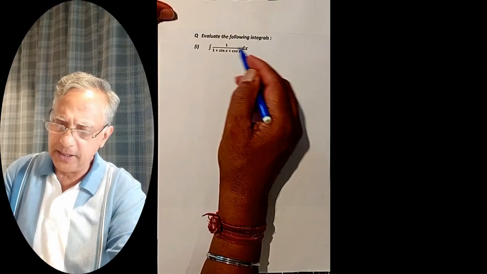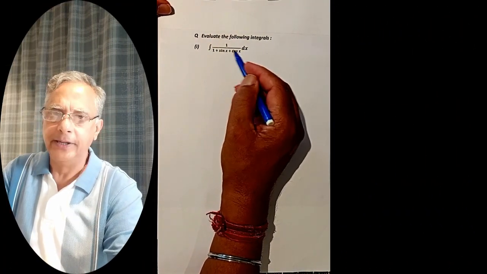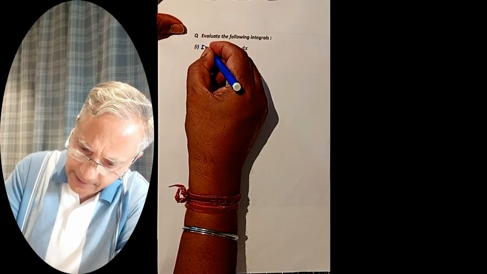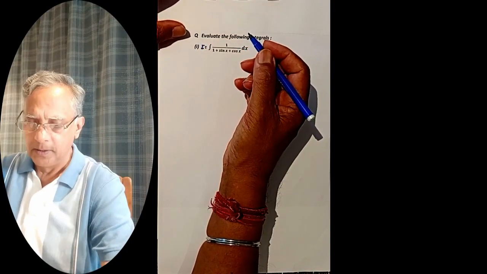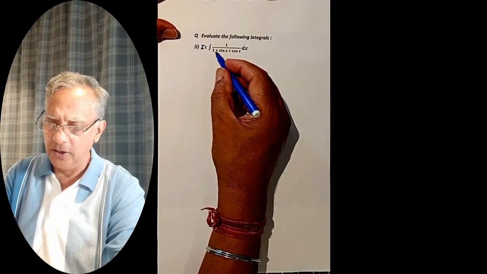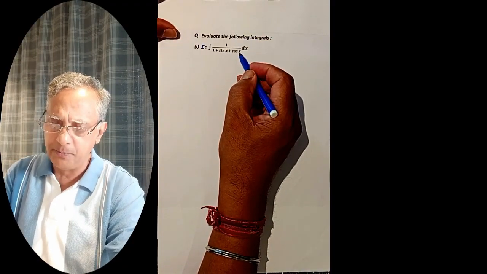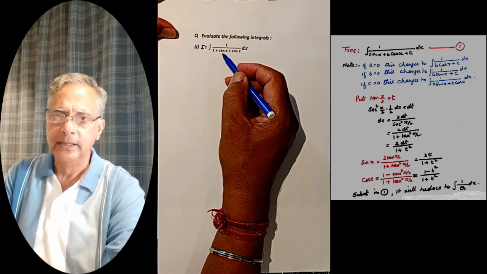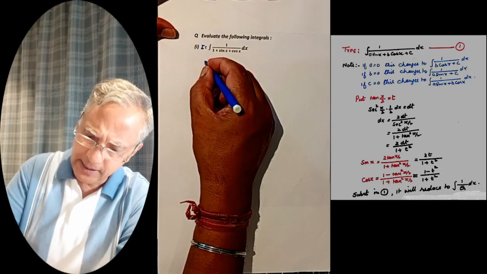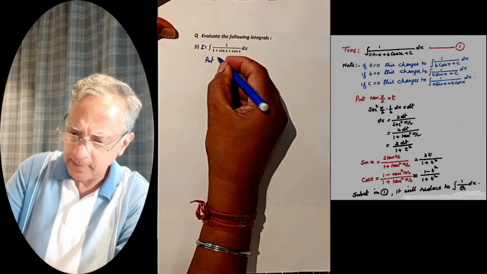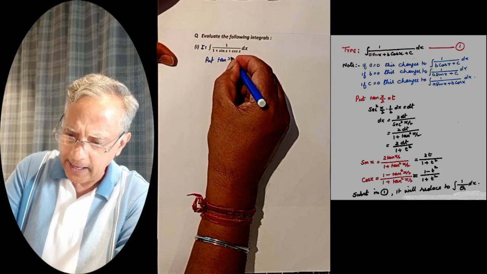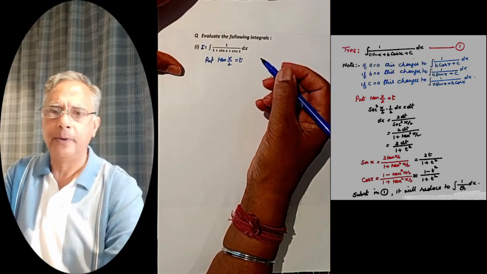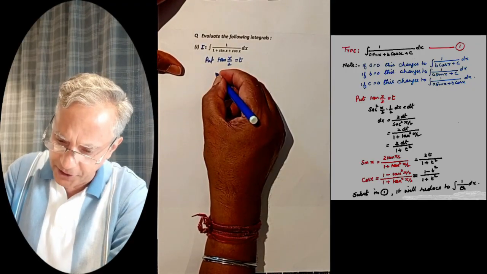Now first question is evaluate the following integrals. First is this. Let this be equal to I. Now this is in the form 1 over a sin x plus b cos x plus c, linear in sine and cos. So what we do is put tangent x by 2 equal to t. Now differentiate this.